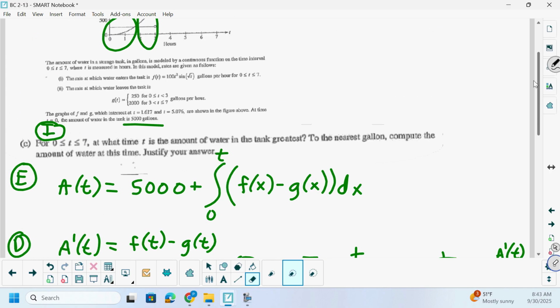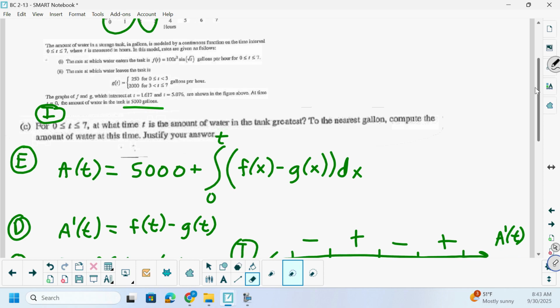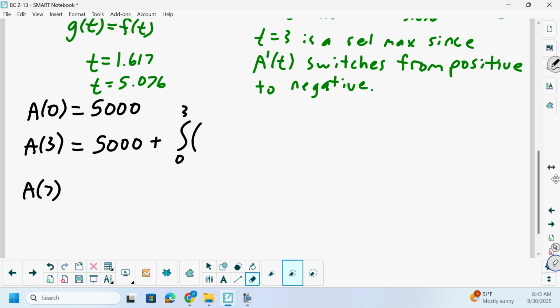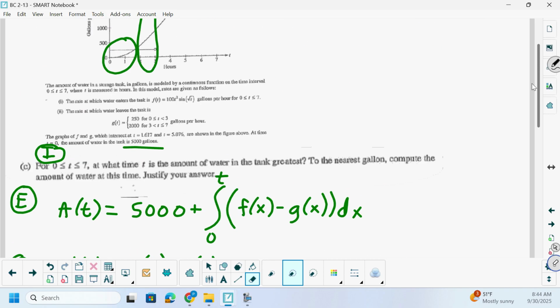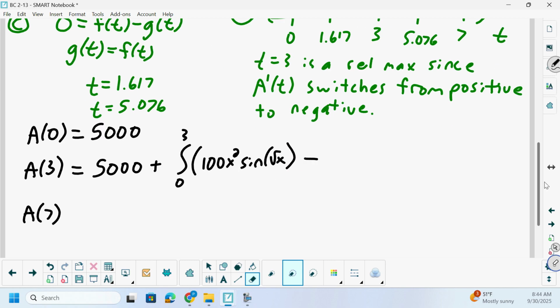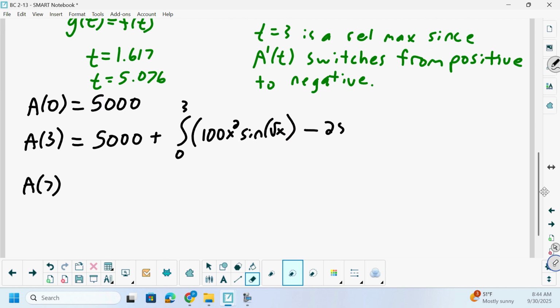If we're going 0 to 3, f of x was 100 t squared sine of square root of t. So again, I'll just stick with the x that we used for the dummy variable. So that'll be 100 x squared sine square root of x minus our g in this case. Well, if we're going 0 to 3, g is just 250. So we'll have minus 250, close my parenthesis, dx.